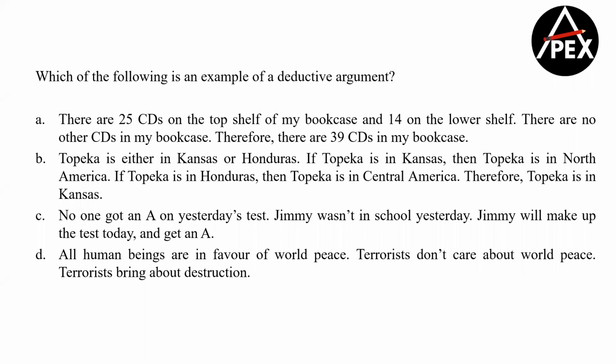So I have four statements here. I want you to recognize the statement which is a valid example of a deductive argument. So please send me your answers in all chat. I'm making the option so that you can chat publicly with everyone.